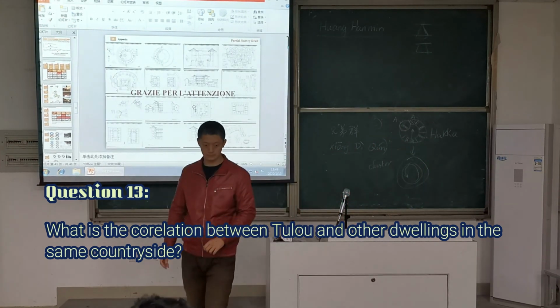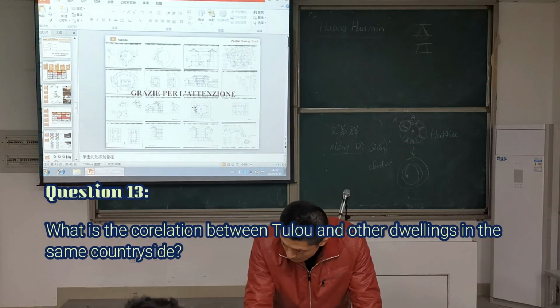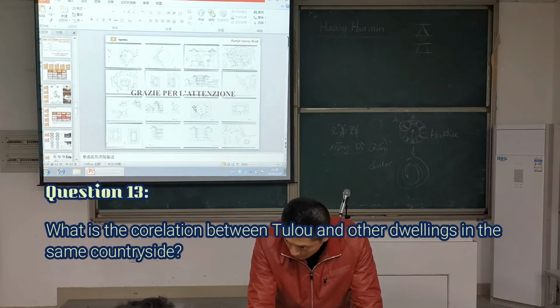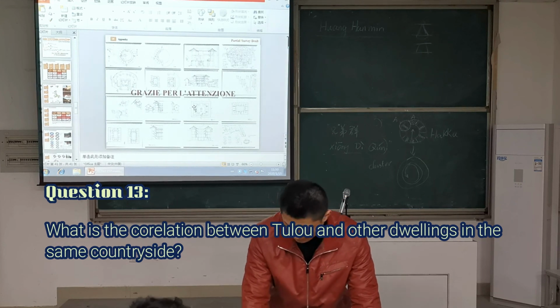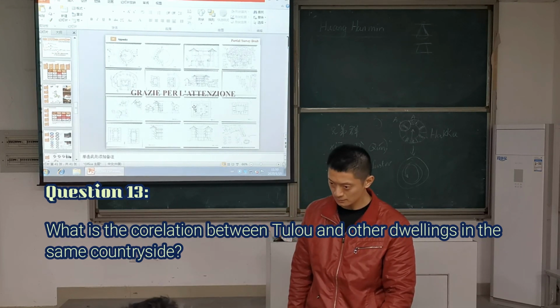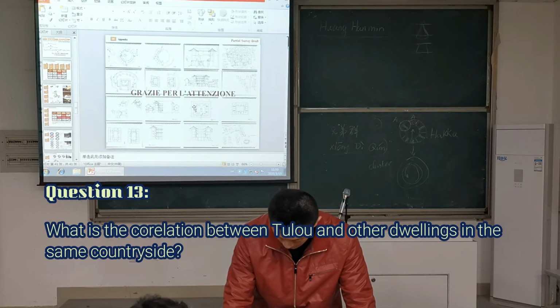In the village there is the building, there is the river, and there is the mountain. But this scheme is repeated for every tulou. For example, in the village with 1, 2, 3, 4, 5 tulou, and this is the mountain. And then we see that here there is another river.